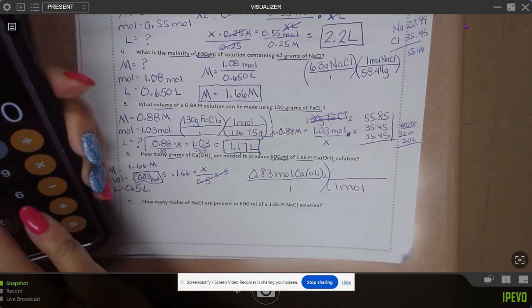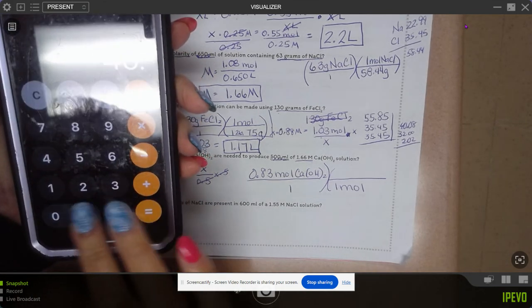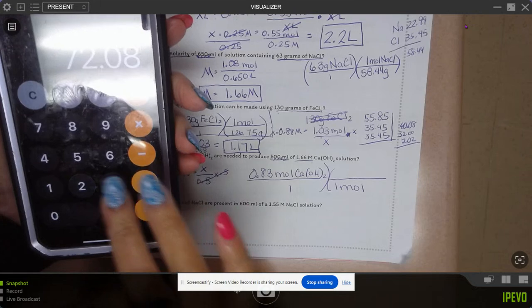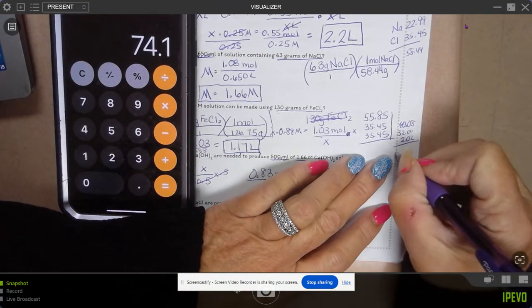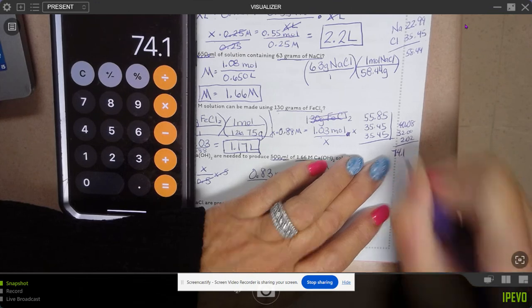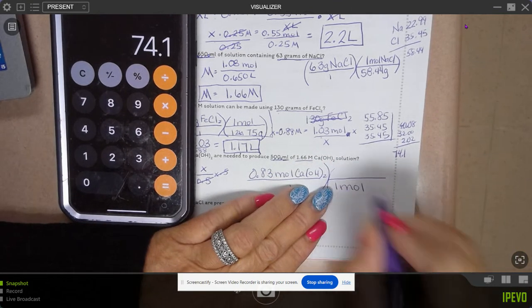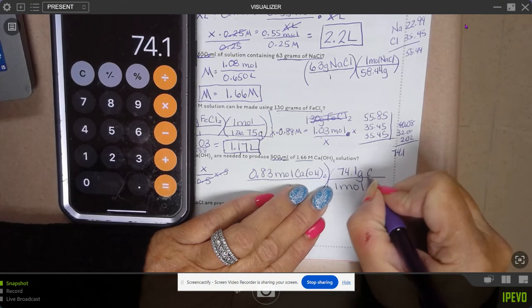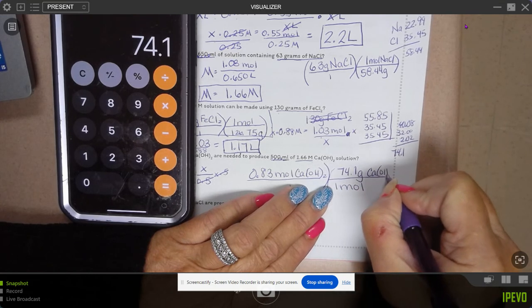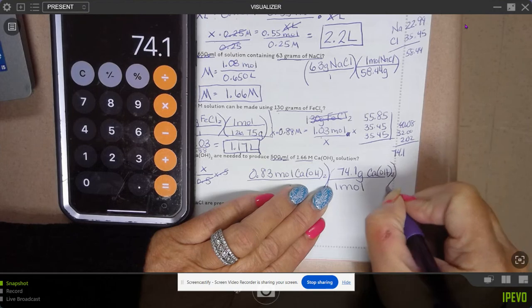What's the molar mass? So 40.08 plus 32 plus 2.02, 74.1. That's our molar mass. Okay, so 74.1 grams of calcium hydroxide per 1 mole.